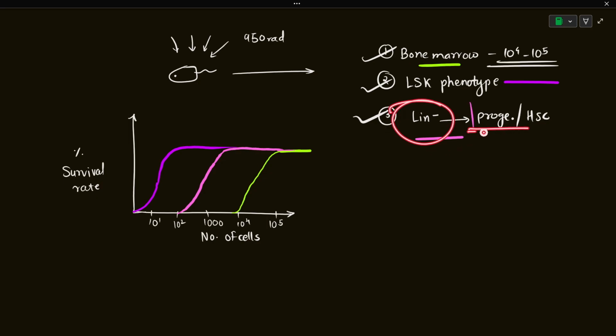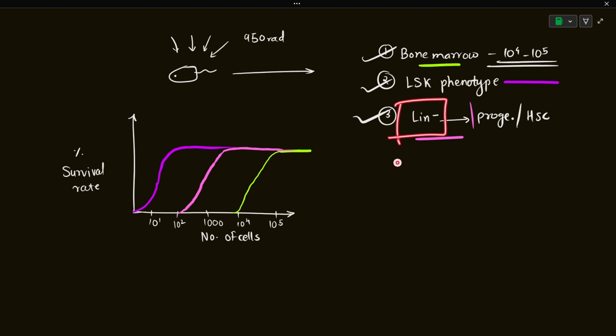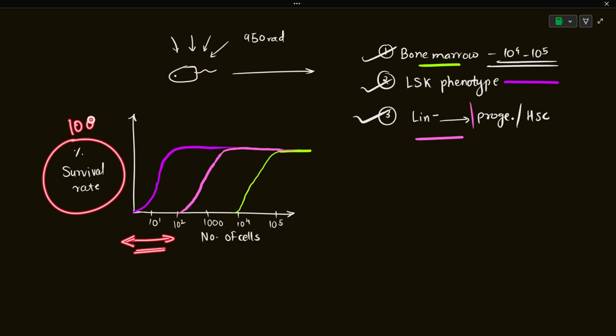They could be either progenitor cells or hematopoietic stem cells, right? We cannot really pinpoint which, but they are not the mature cells, and that is why the number of cells that need to be introduced for ensuring 100% survival of the mice increased.